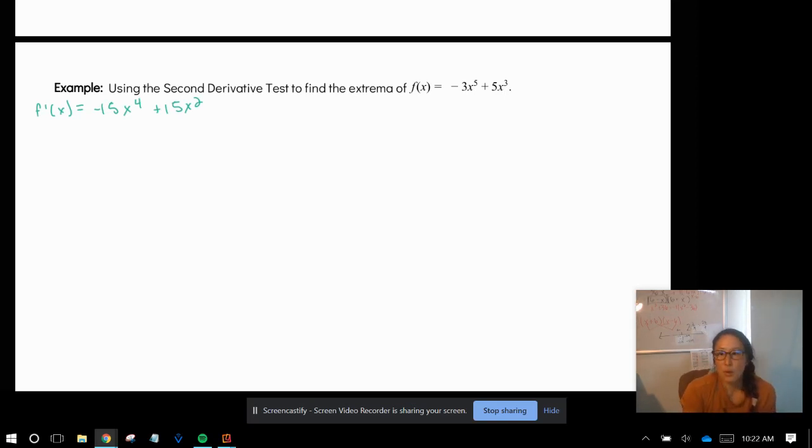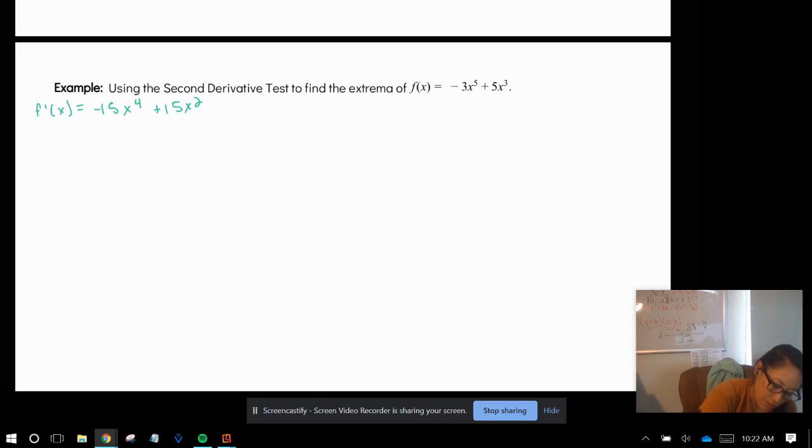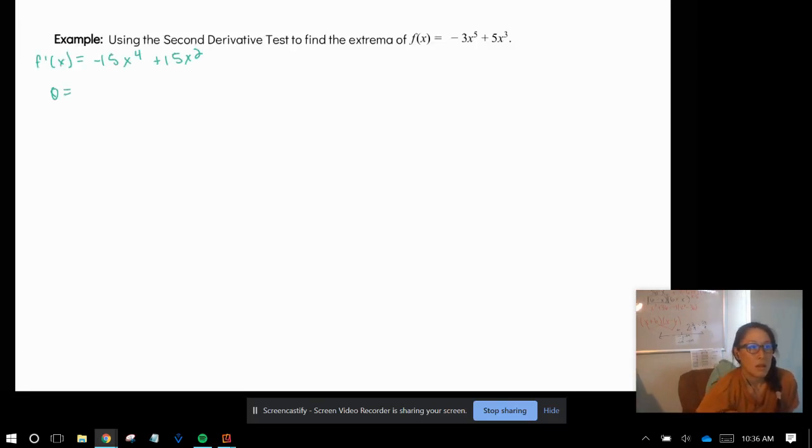And what we need to do here is find our critical numbers, the zeros, so that I know where my relative mins and maxes will be. So I'm going to do 0 is equal to negative 15x to the fourth plus 15x squared.